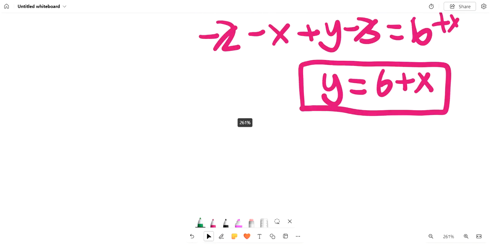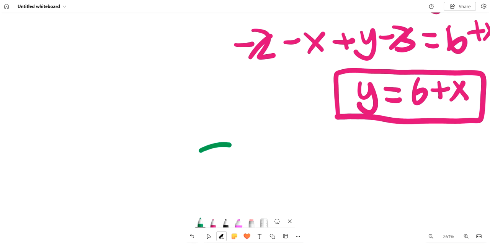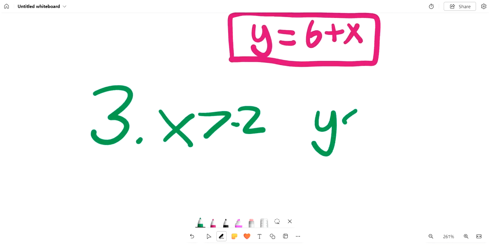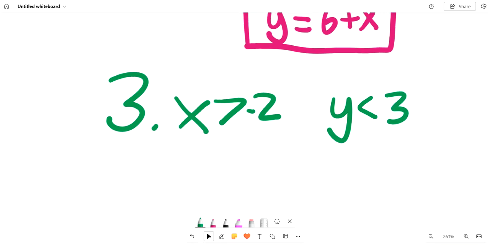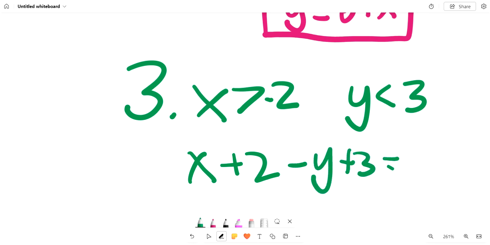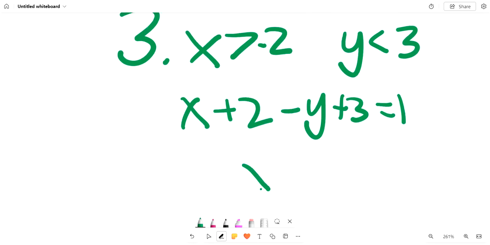And our third graph, number 3, is when x is greater than negative 2 and y is smaller than 3. And this is just x plus 2 minus y plus 3 equals 1. So x plus 4 equals y.